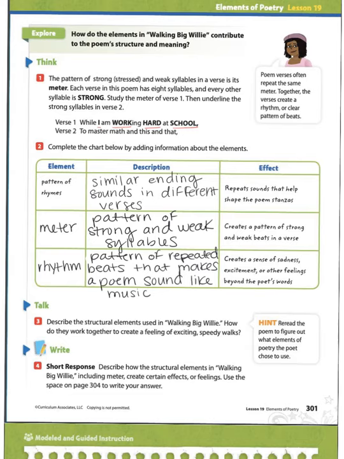And we know that music has a way of making us feel certain things. If a song has a fast rhythm and beat, it's more likely to make us feel happy or excited. If a song has a slow rhythm, we're probably going to feel more sad.